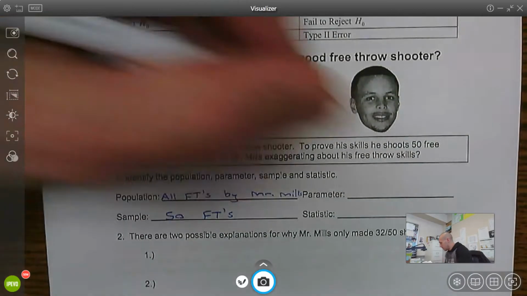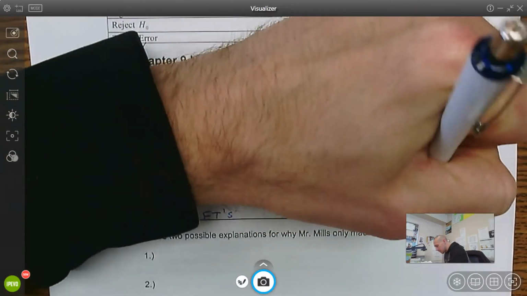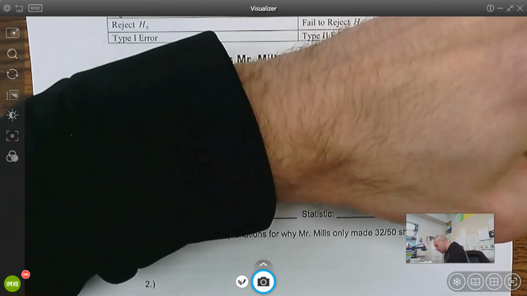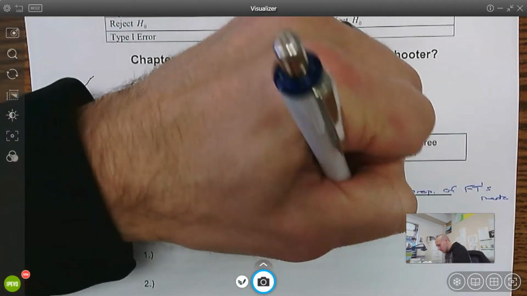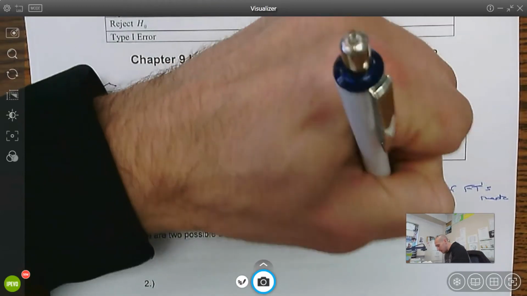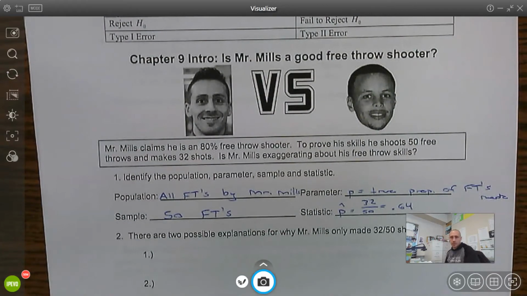So the parameter would be p, and this would just represent the true proportion of free throws made. And then we also have the statistic, which is the sample proportion of free throws made, and we do have a specific value, 32 divided by 50, which is 64%.